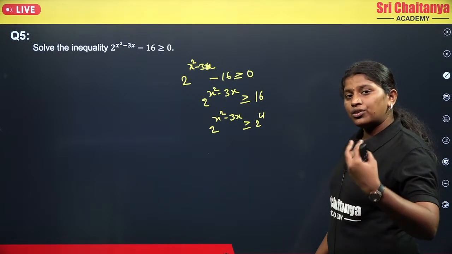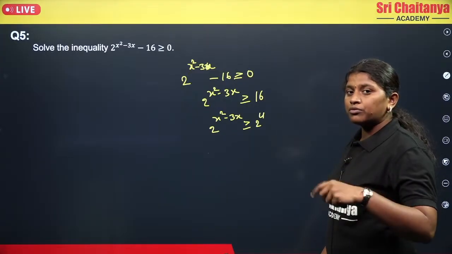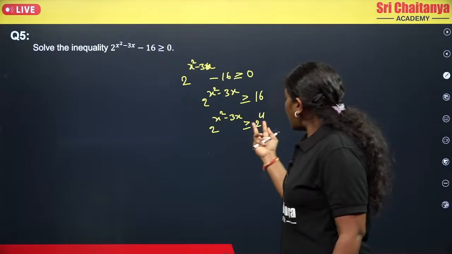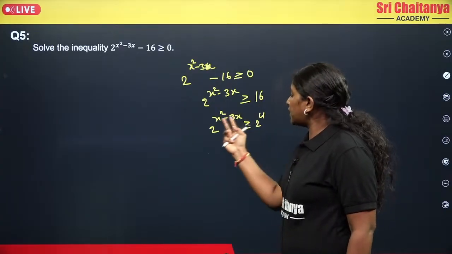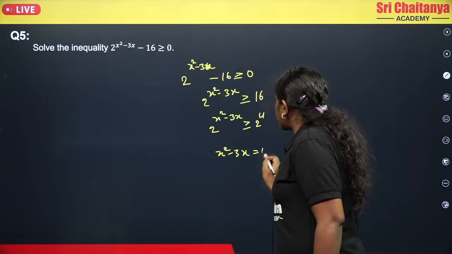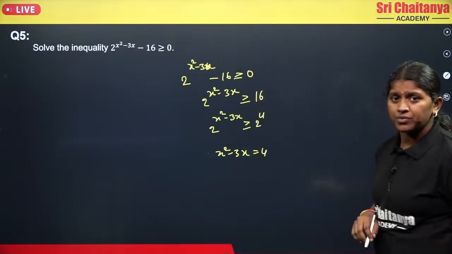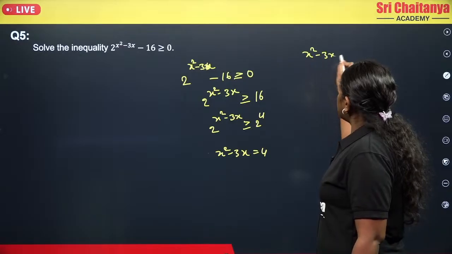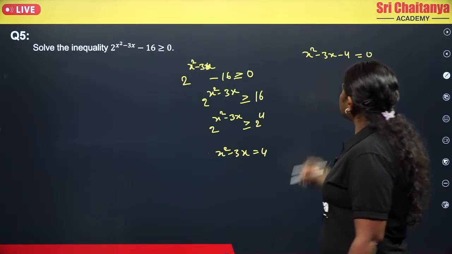So we are just going to convert that number into the form of a power. Now as we are having the equals to sign, we can take that x square minus 3x is equals to 4. So now if you take x square minus 3x minus 4 equals to 0.